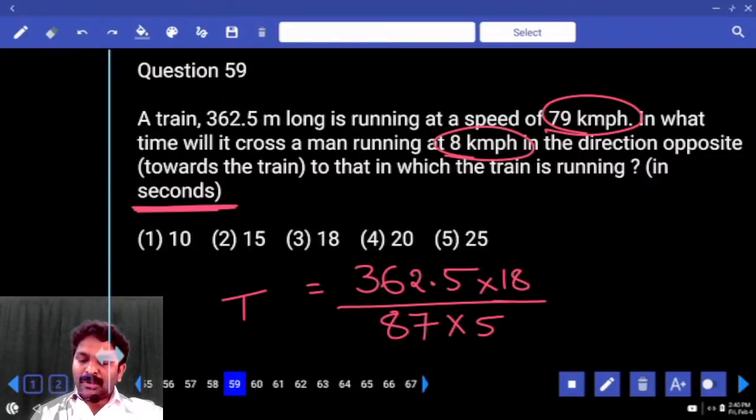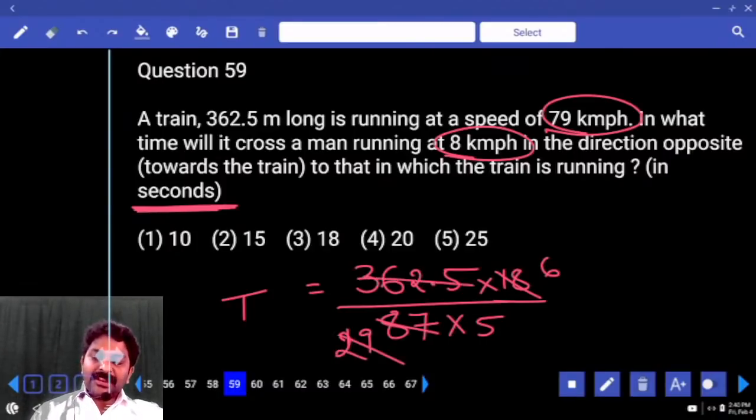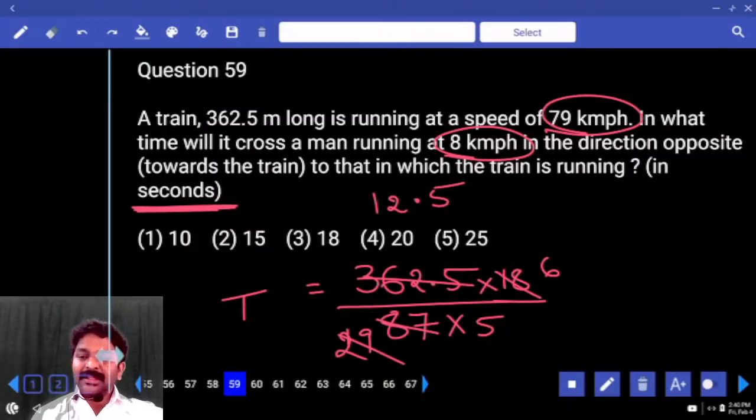Yes, so now cancellation: 3 6 times 3, 29 times 20, 29 once 29, 72. We have 2 times 0.5 times 12.5 into 6. How do you take 6 times of any number?